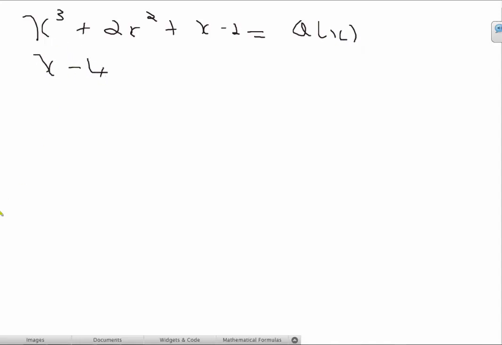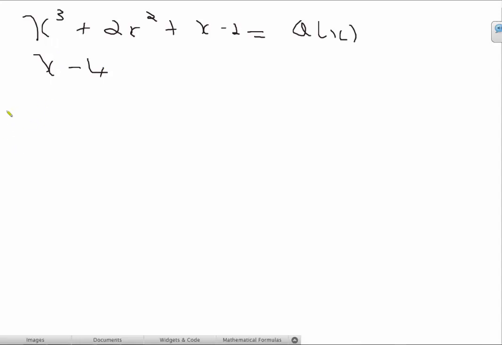Okay, let's say we have x cubed plus 2x squared plus x minus 2, and that is going to be our polynomial, and we're told to find the remainder when it is divided by x minus 4.